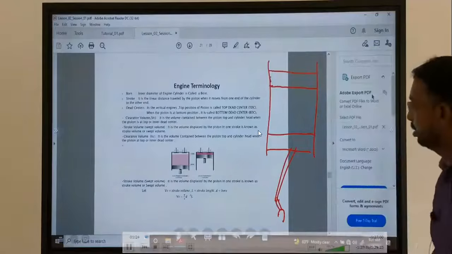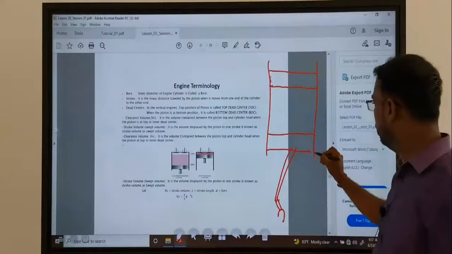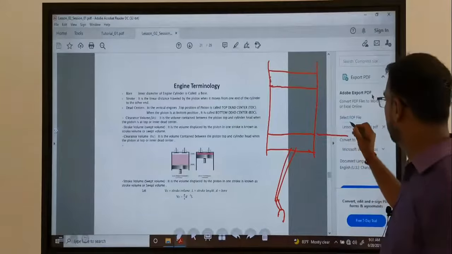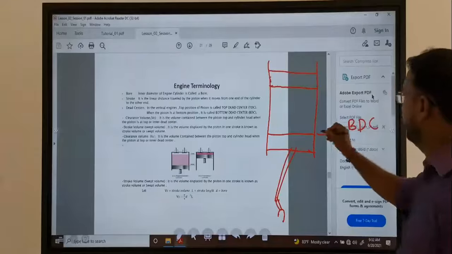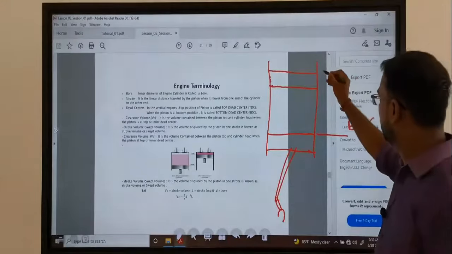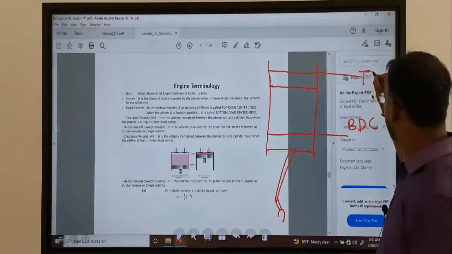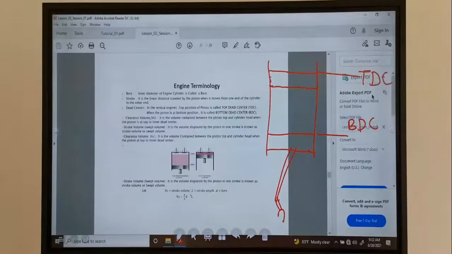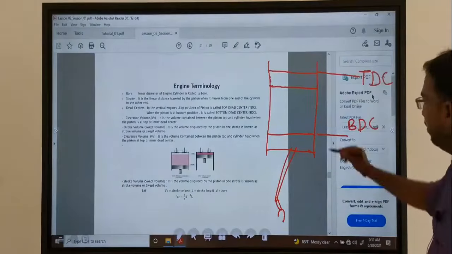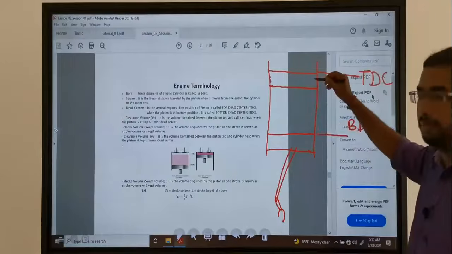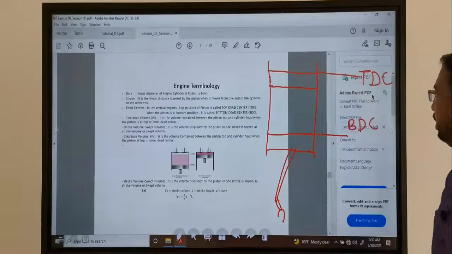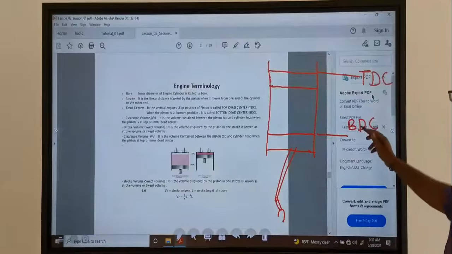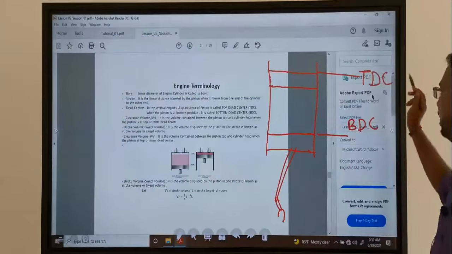So you already know, this is the BDC, bottom dead center, and this is the TDC, top dead center. That means the piston can travel between these two limits, bottom dead center and top dead center.